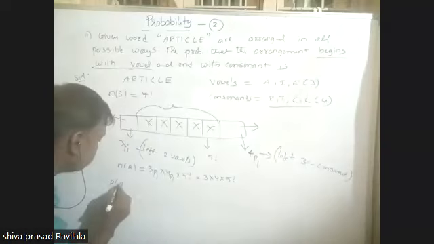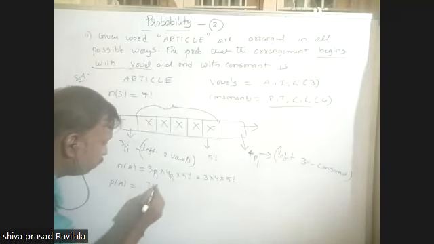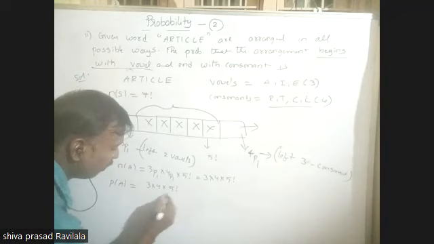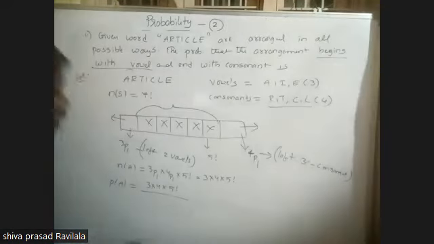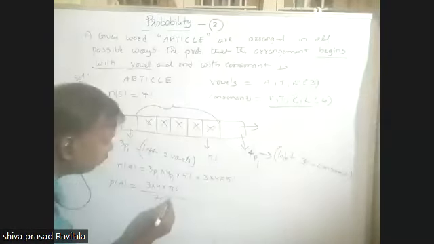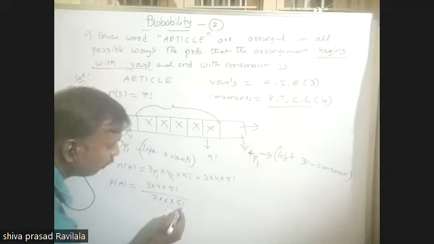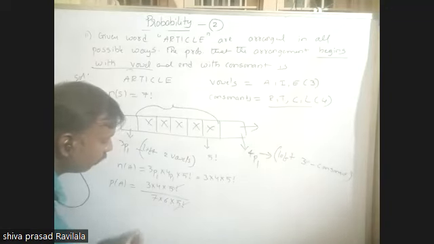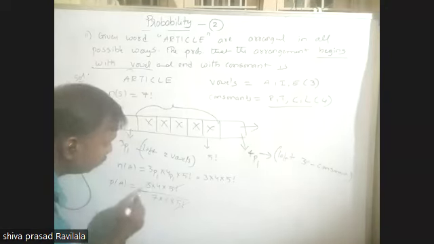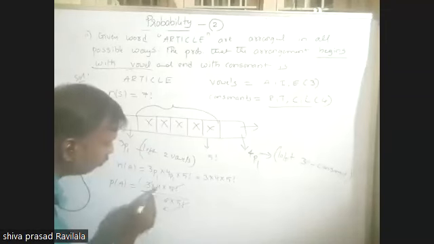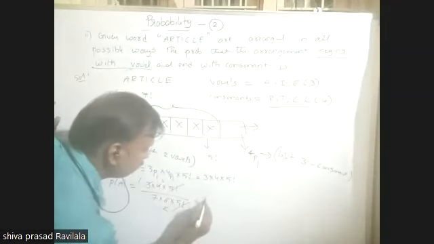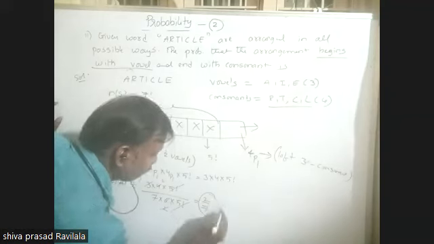Therefore, P(A) is equal to n(A) by n(S), 3 into 4 into 5 factorial by denominator 7 factorial, means 7 into 6 into 5 factorial. These 5 factorial cancel, and 3 1 ja and 3 2 ja; here 2 1 ja, 2 2 ja. Your answer is 2 by 7.